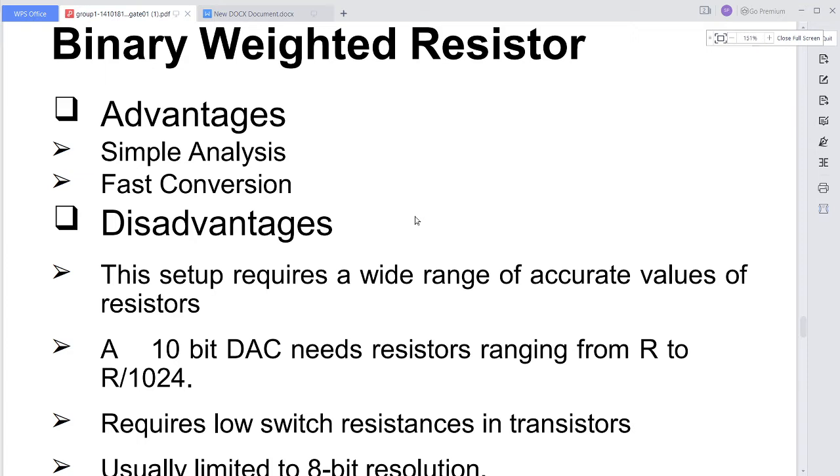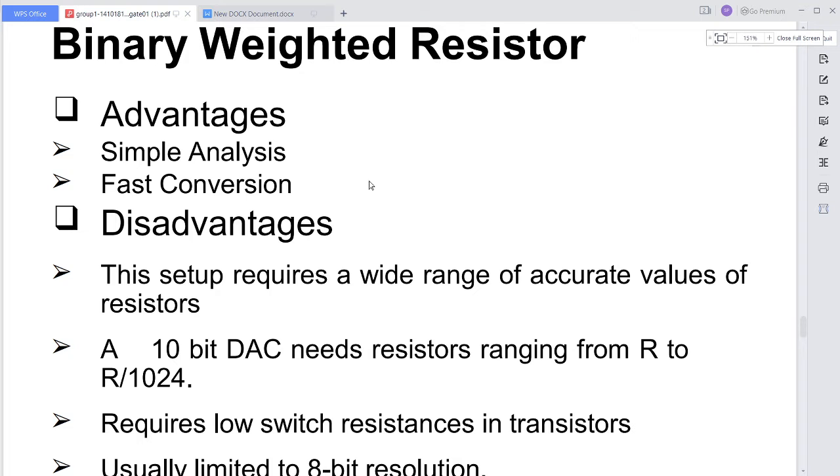That means when the switch is connected to the reference voltage, we can assume the binary bit value is 1. When the switch is open to the reference voltage, we can consider that bit value 0. That is very simple to analyze that circuit.